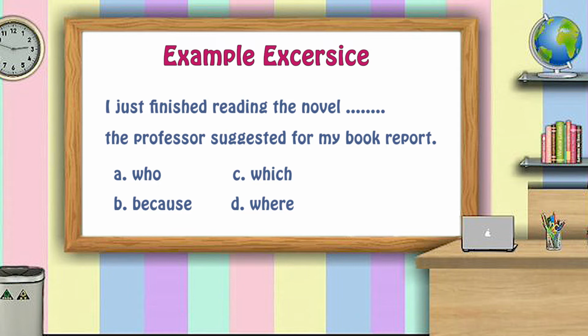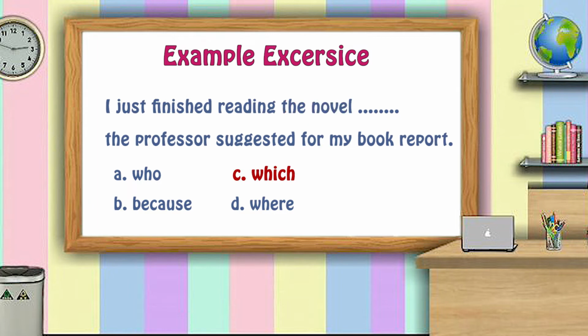The antecedent, the novel, is a thing. So which one is the most suitable answer? That is which. So the sentence becomes, I just finished reading the novel which the professor suggested for my book report. The correct answer is C.